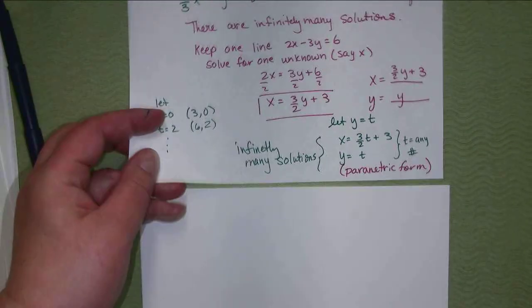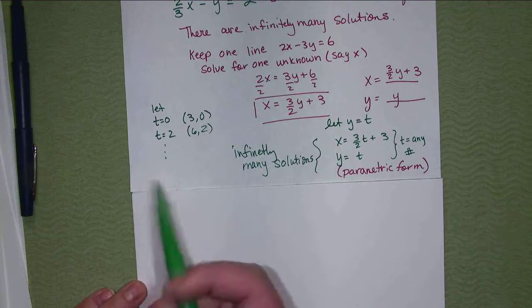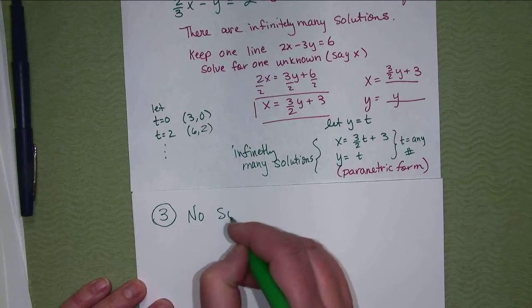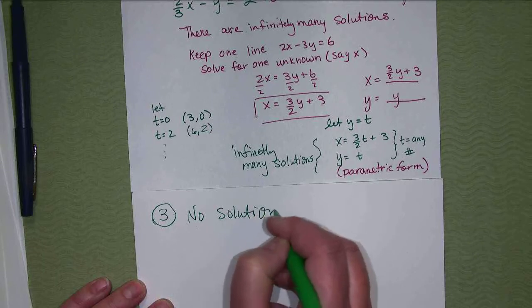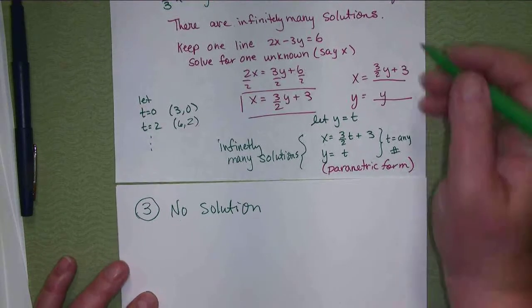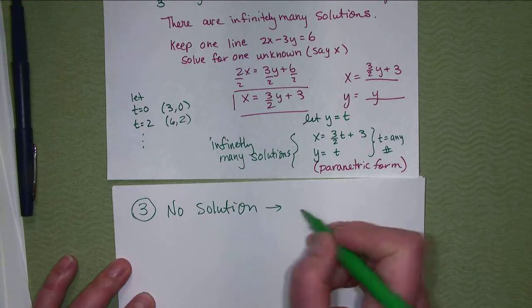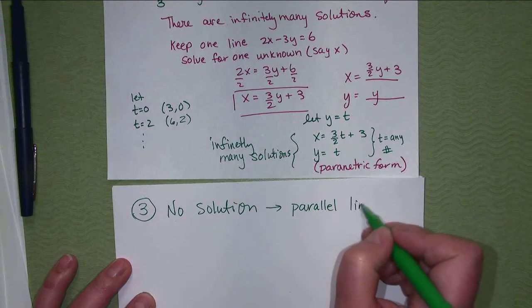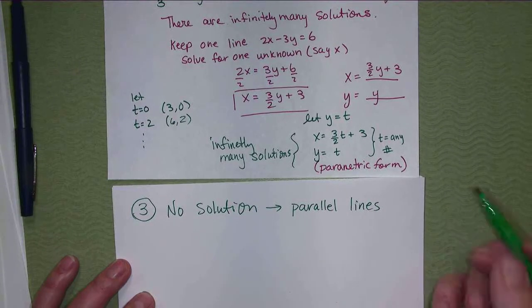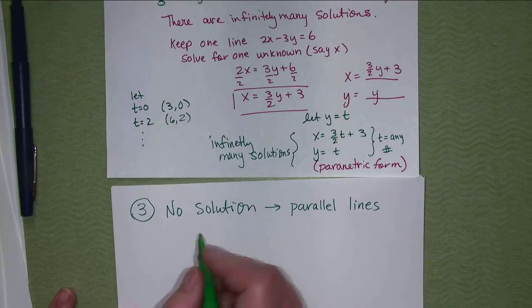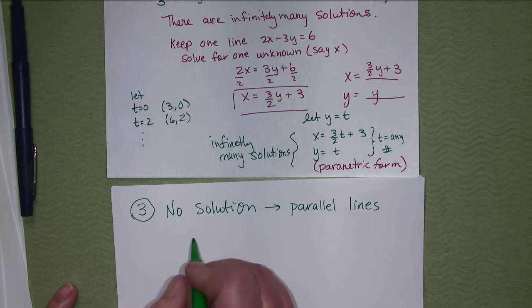And what's the third scenario with the system of equations? And what does that mean? What would the lines look like? Right, parallel lines don't. And how would you recognize, without doing the work, that something had no solution?